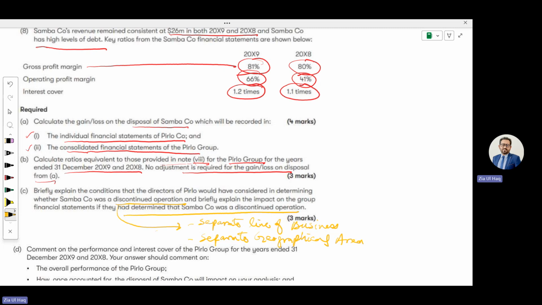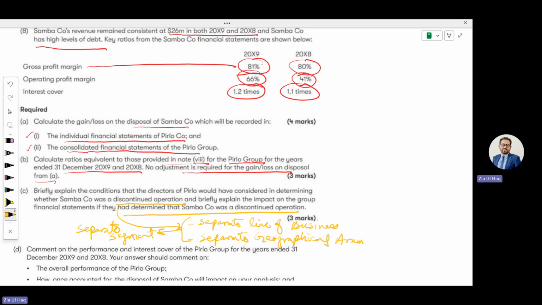Then it will be called a separate segment. This is the criteria for a separate segment. If any of your business operations meet this criteria and you are going to discontinue it, that will be called a discontinued operation.